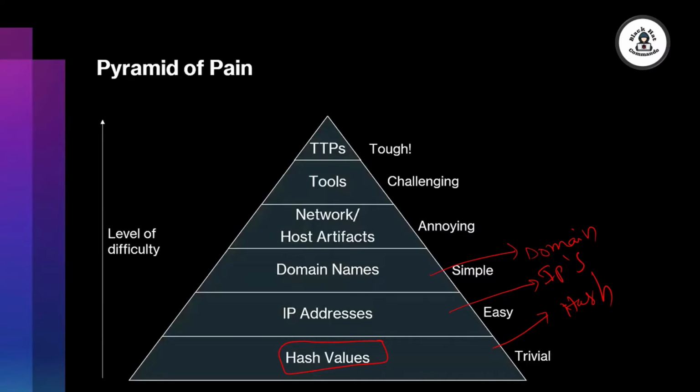Okay, so at the time when we do SOC analysis or forensics, we can easily identify the hash values, IP addresses, domain names. For example, if that malware is known malware and you have antivirus or EDR in your system, it would easily block that one.